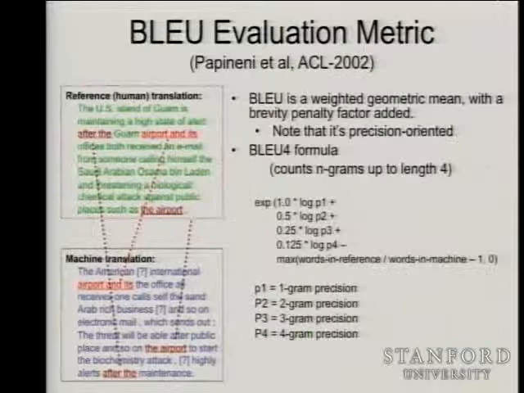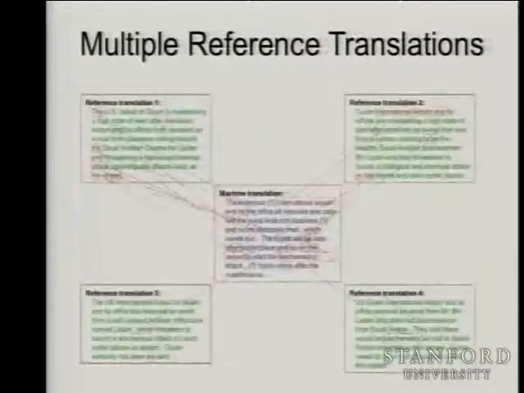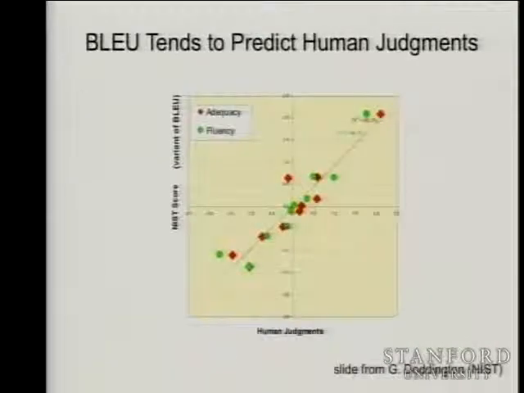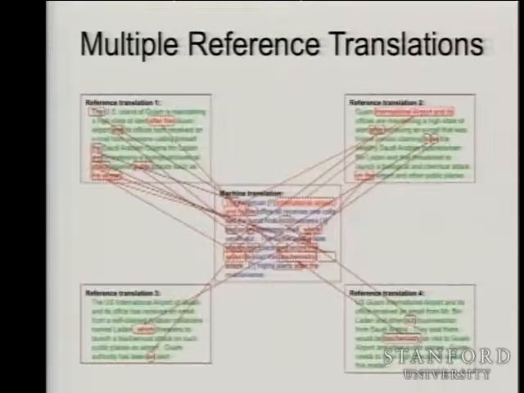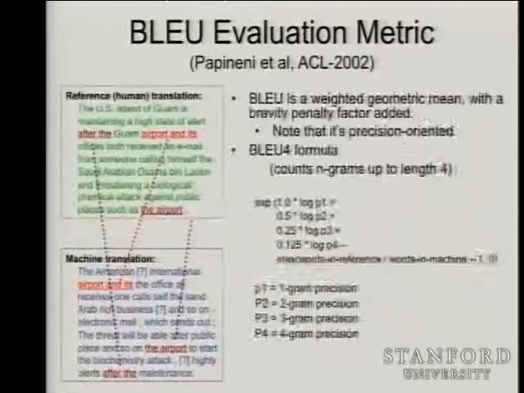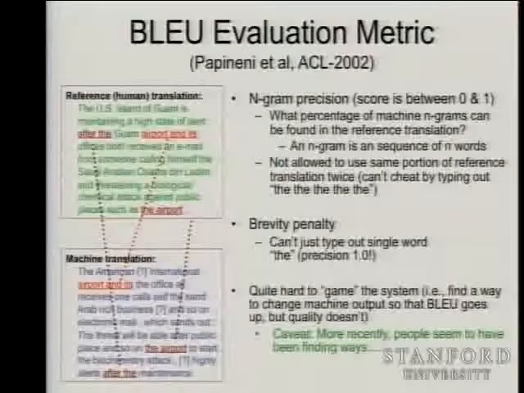If I skip ahead and show that, there were initial results such as these ones, where here are human judgments of translation, separately done for adequacy and fluency, and here are BLEU scores. And look, you're getting a beautiful linear relationship right there. So that was the early claim.